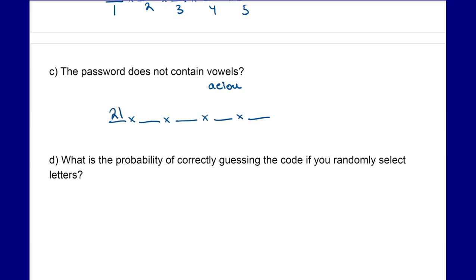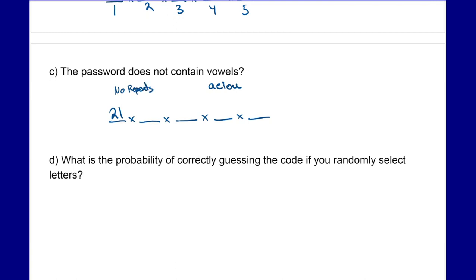Now, the next part may depend on other specifics. We need to know, are we allowing repeats or are we not allowing repeats? Well, let's just do it both ways. In this case, I'm going to use no repeats for this one, just because repeats are a little bit easier.